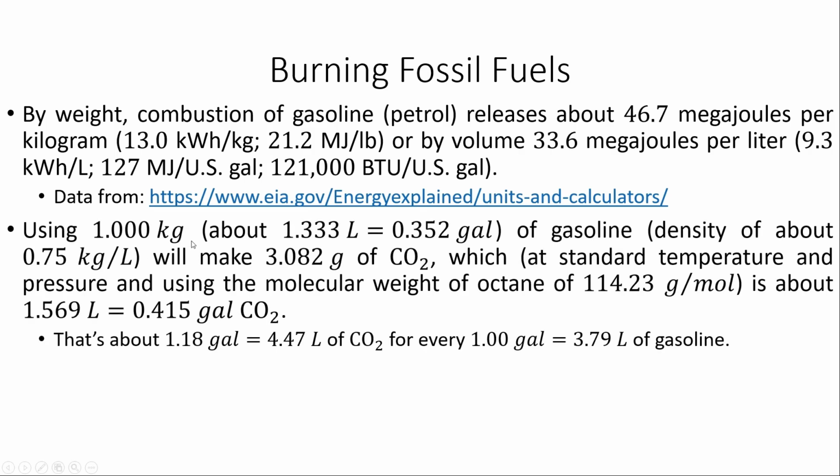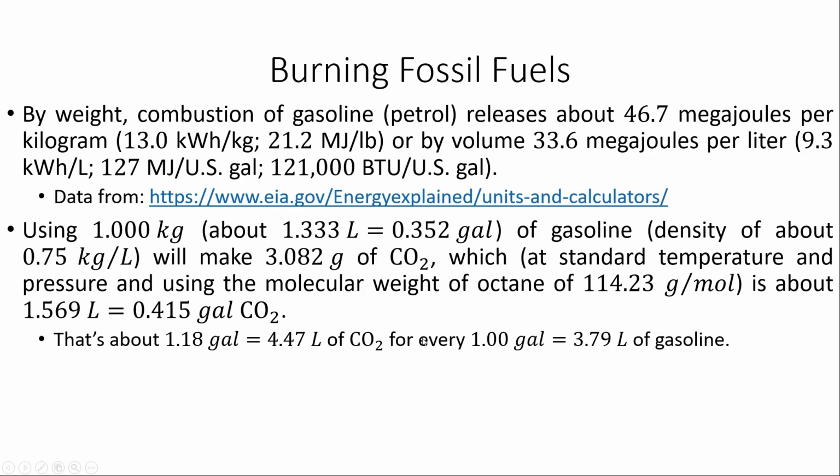So using 1 kilogram of gasoline, which is a little bit more than 1/3 of a gallon, we're going to make a little bit over 3 kilograms of CO2, or a little bit under half of a gallon of CO2. And what we find is that for every 1 gallon of gasoline we use, we're making about 1.18 gallons of CO2 gas.